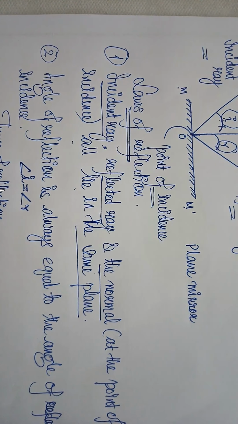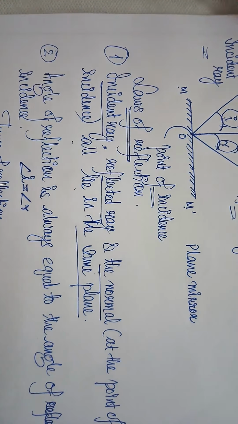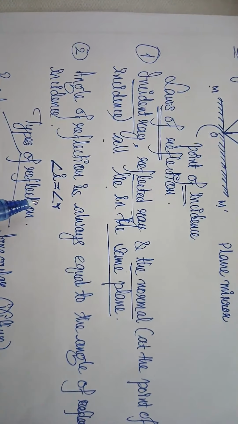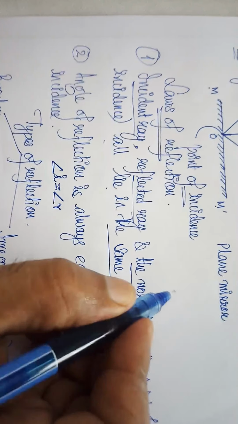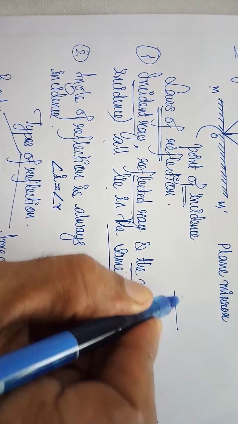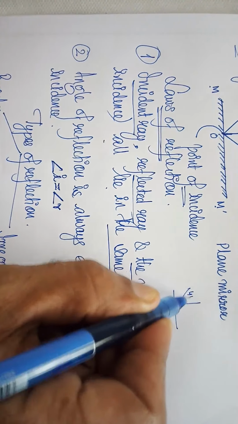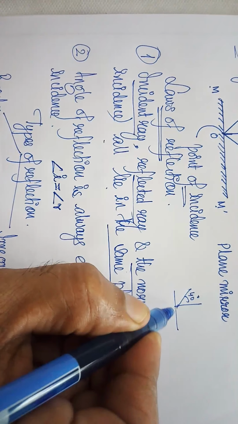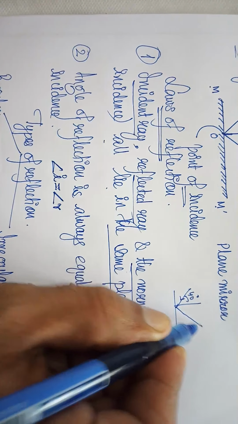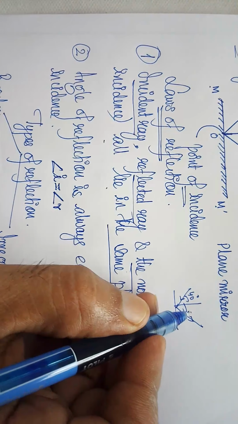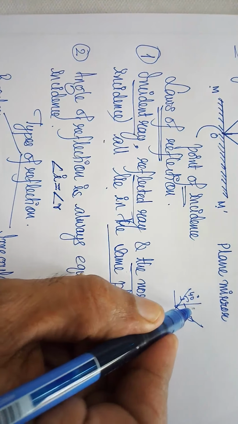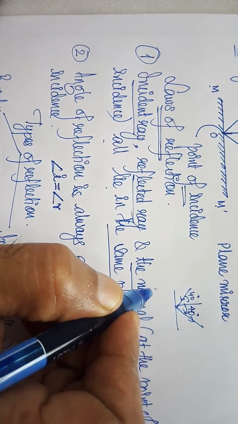This is the second law of reflection, by which we can say that when the incident ray hits the mirror at an angle of 40 degrees, the reflected ray will go with an angle of reflection that is also 40 degrees.